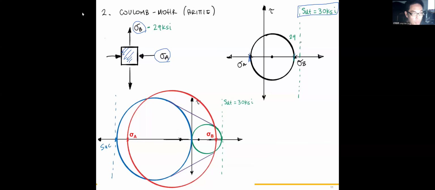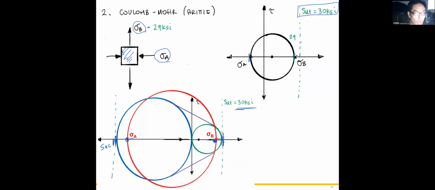Therefore, we can draw the Mohr circle of the sigma A and sigma B right here. And the S_UT is 30 ksi right here, and it's S_UC right here.